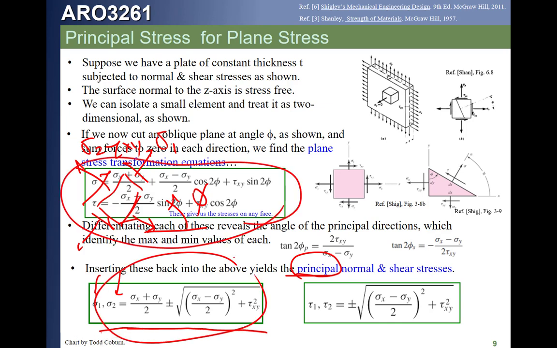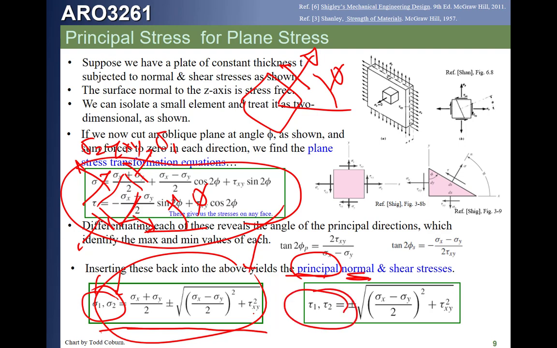This equation gives us those values on that rotated face. This equation gives us what the maximum values are for any rotation. And once again, these two values, which are the principal normal stresses, and these two values, which are the principal shear stresses, do not occur at the same exact angle. We're going to look at that in a minute.